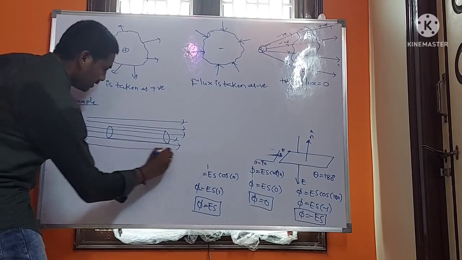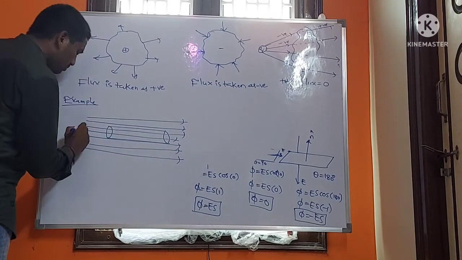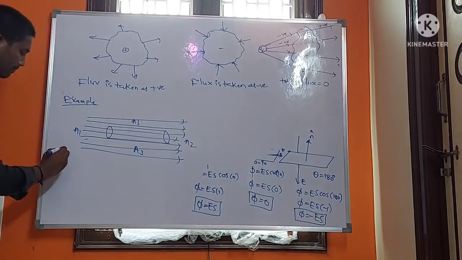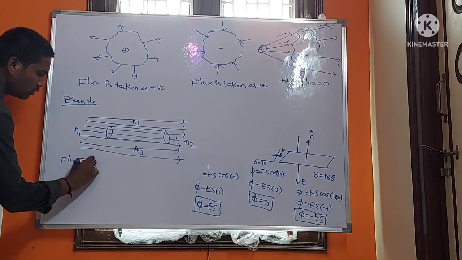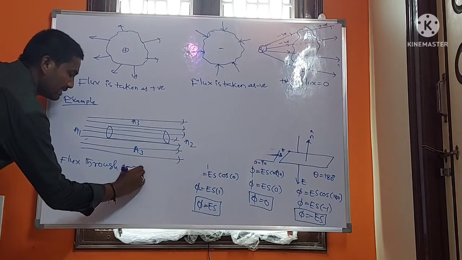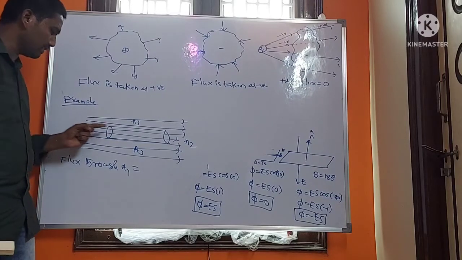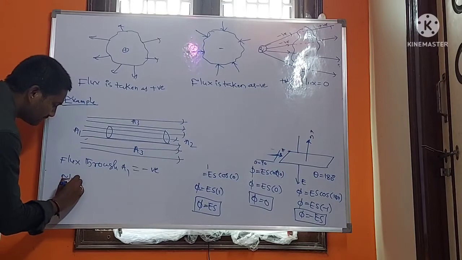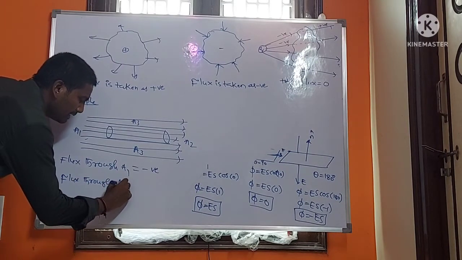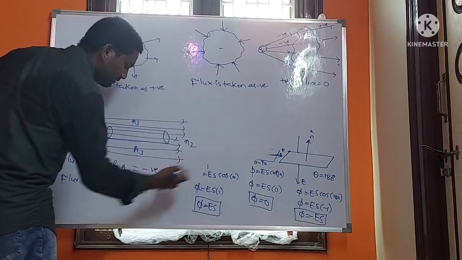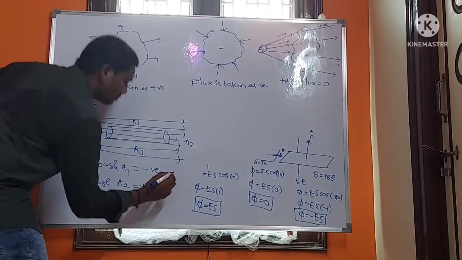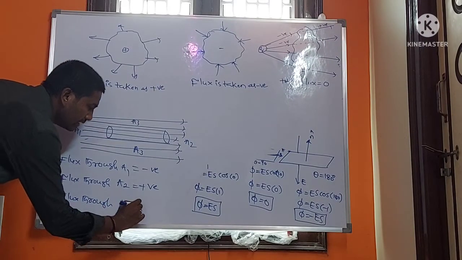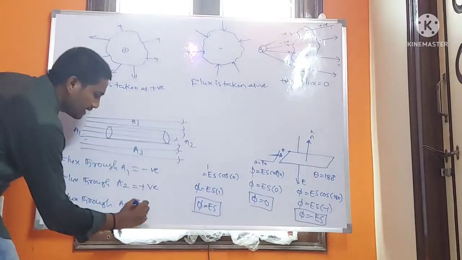Three areas are given: A1, A2, and A3. The flux through A1: the flux is in the inward direction, so it is taken as negative. The flux through A2: the flux is coming in the outward direction, so it is taken as positive. The flux through A3: it is not passing through any surface area, so the flux is equal to 0.